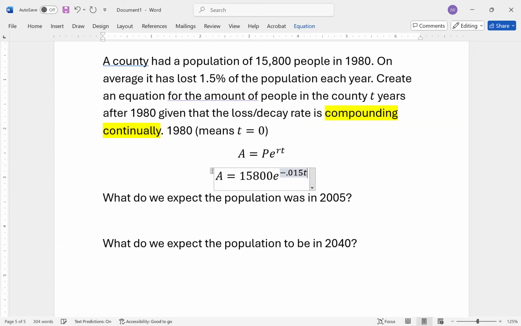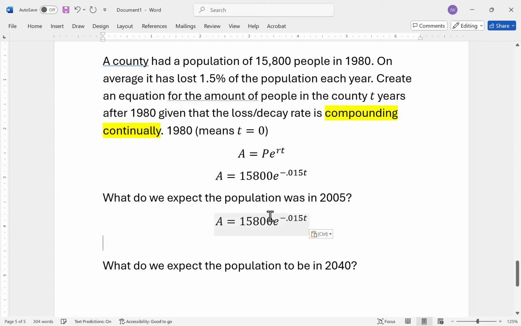Anytime we have a loss or a decay, our R is going to be negative. So this is the equation that we want. The amount is 15,800 times e to the negative 0.015 times t.